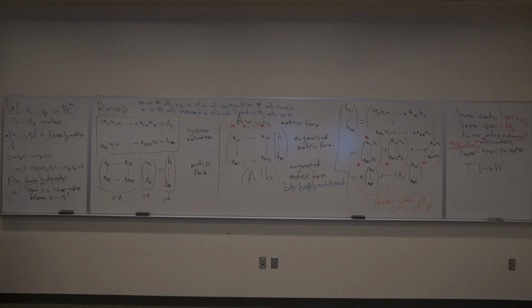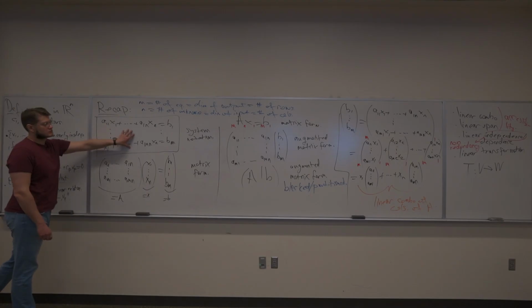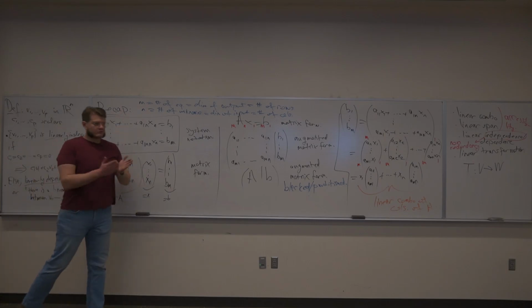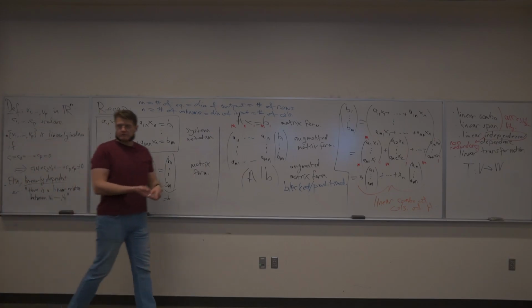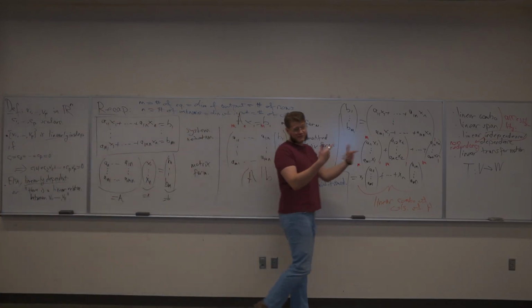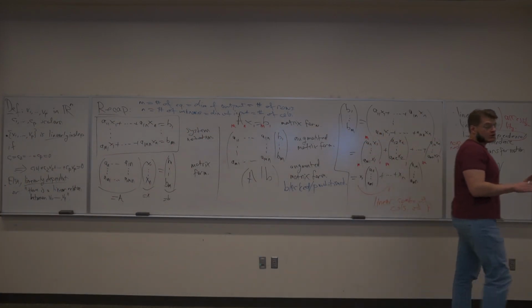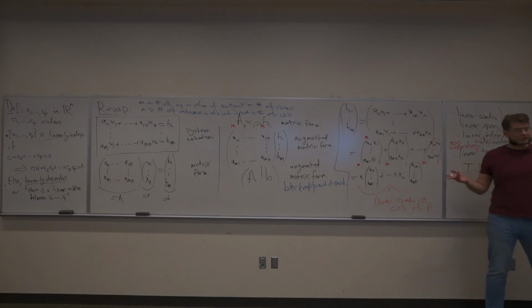So then what I can say is this. With systems, what we were trying to do was to solve it. There were two cases. A system is either consistent, has at least one solution, maybe infinitely many, but at least one, or it has no solution. These are the only two options.